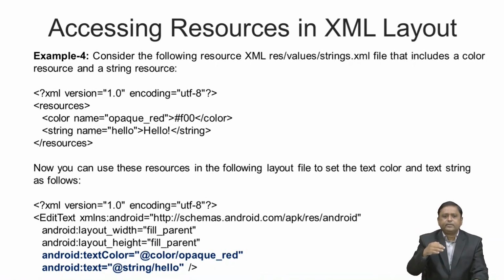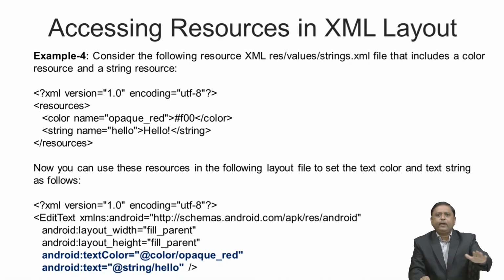Inside EditText we can specify it inside textColor as @color, and when you write slash all the available colors are displayed. From there you have to choose opaque red, which is defined inside this file, and when you write @string, all the strings defined inside the values folder will be displayed, and from there you have to choose hello because I want to use this string in the layout file.